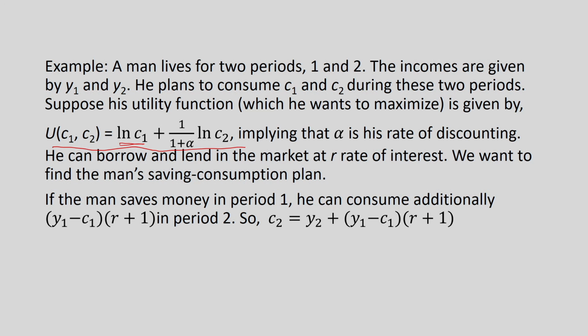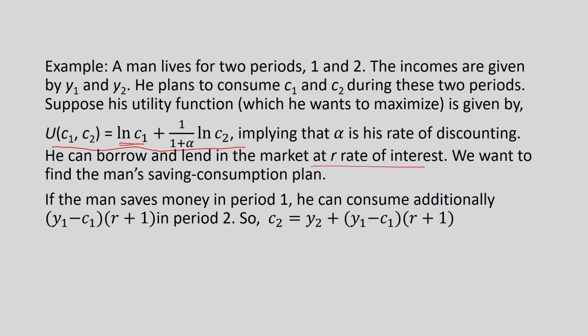He can borrow and lend at the rate of interest R in the market. So, R is the rate of interest prevailing in the market. At this rate R, he can lend money and get the interest, or he can borrow money, in which case he will have to pay this rate of interest. We want to find the man's saving and consumption plan.